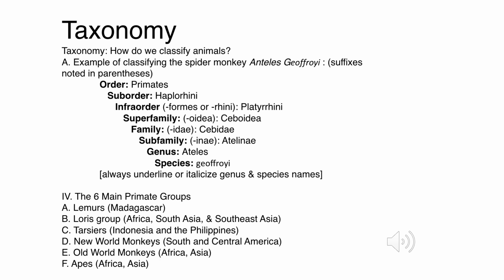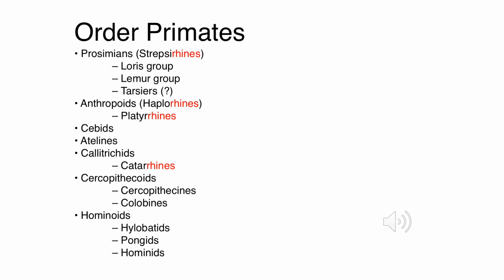In this class we're going to be categorizing six different main primate groups, starting with our lemurs, which are going to be at the top of that taxonomy chart, going all the way down to our apes, which are the bottom of that taxonomy chart. Here's a breakout of those six different main primate groups.